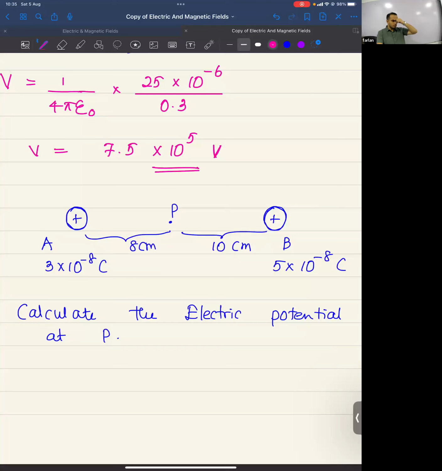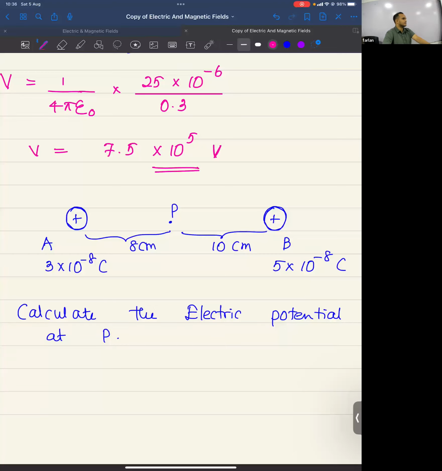Right guys, now tell me. Electric field strength, is it a vector or a scalar?